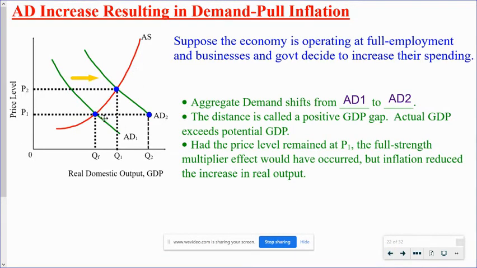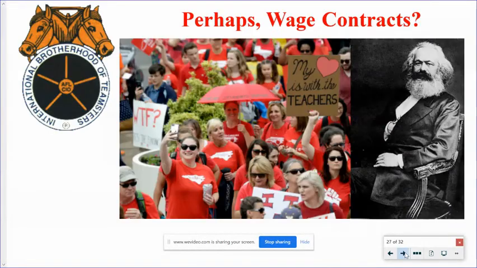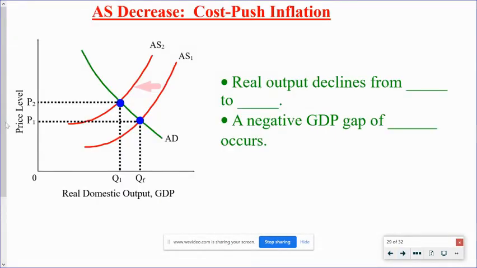So one more time. This is called demand pull inflation because it is aggregate demand that is causing that rise in the general price level. On the flip side, this, of course, is coming from the supply side, so it is called cost push inflation. One more time. Since it's a decrease in aggregate supply, it is pushing the price upward. If it is a movement to the right in the aggregate demand, it is pulling the price upward.